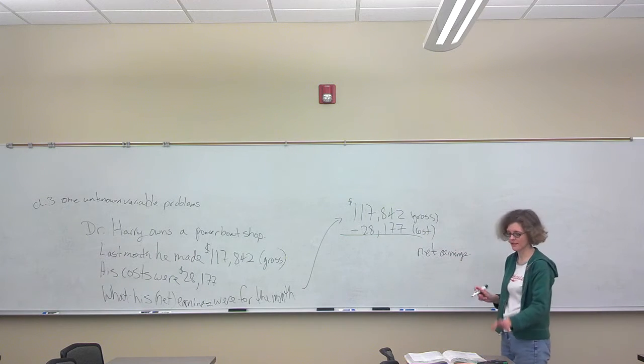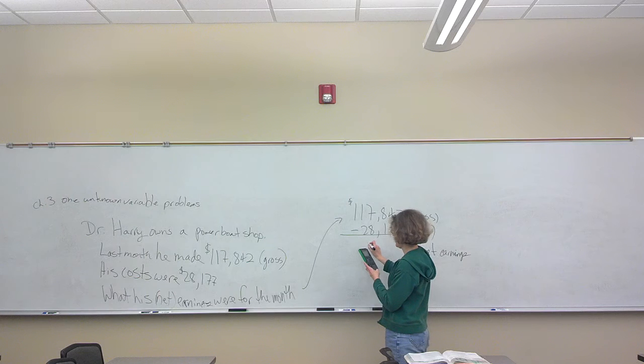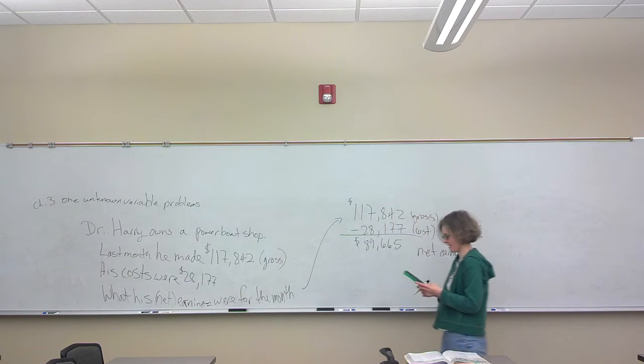He got to put in his nice little pocket. So we subtract these numbers. And it was nice I didn't put decimals in there. So we made that much in that. Not too bad.